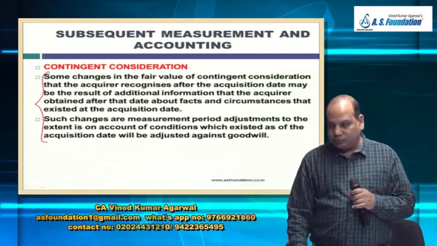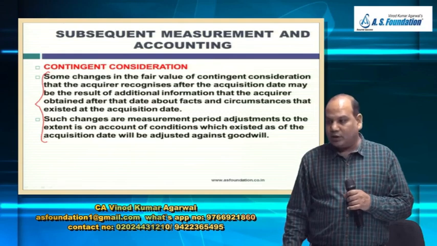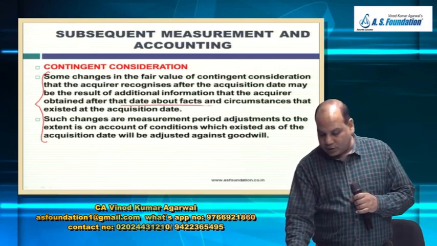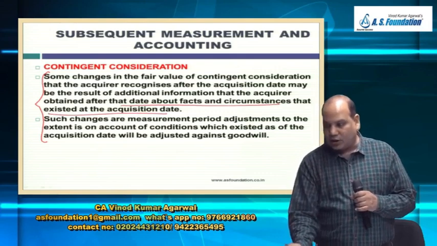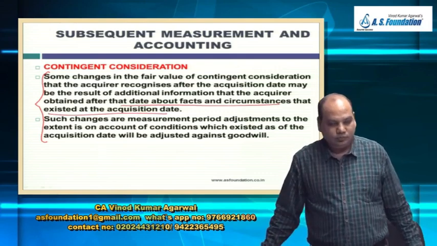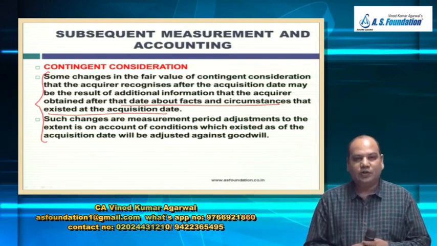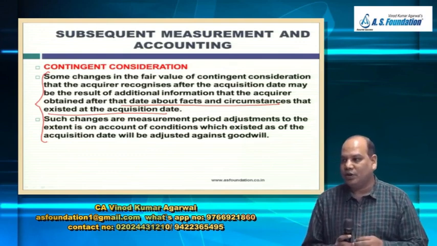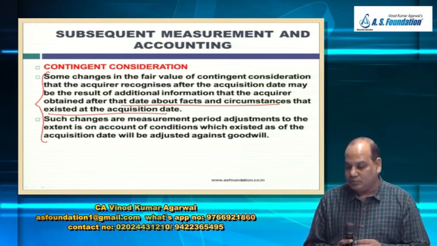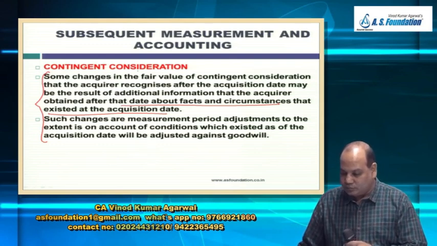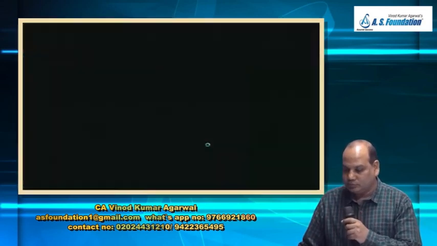That means if I get some additional information about facts and circumstances that existed at the acquisition date, is it right? Then in that case, one effect will be in the carrying amount of contingent consideration and the second effect will be in goodwill.